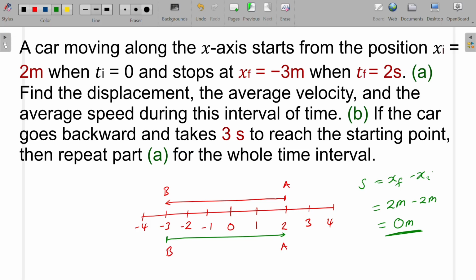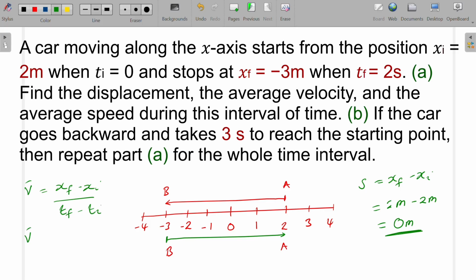Then the other part is the average velocity. Again, average velocity is equal to x final minus x initial, divided by t final minus t initial.